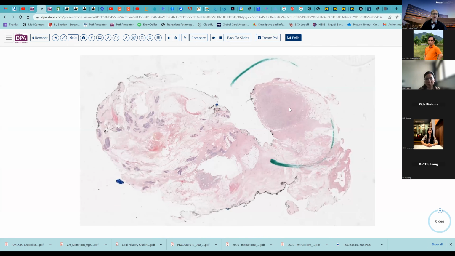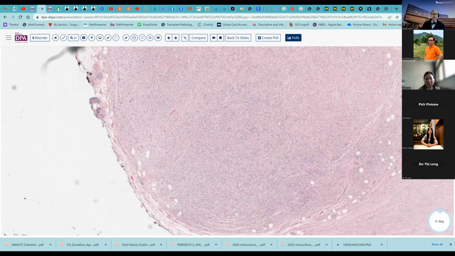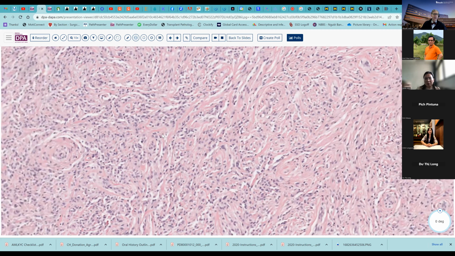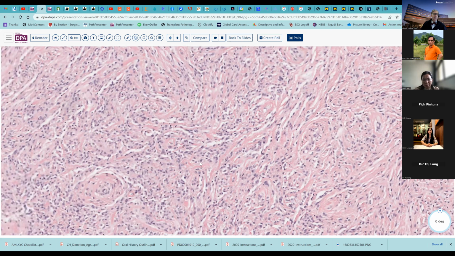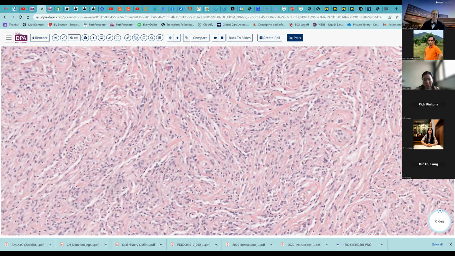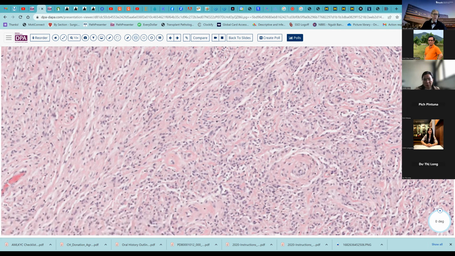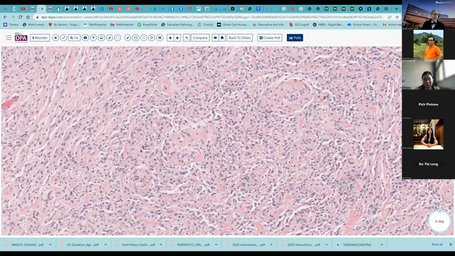Here's another example, this one a little bit more cellular and robust, a little bit more collagenous, and you can see how this might be confused with a solitary fibrous tumor or some other low-grade spindle cell lesion.